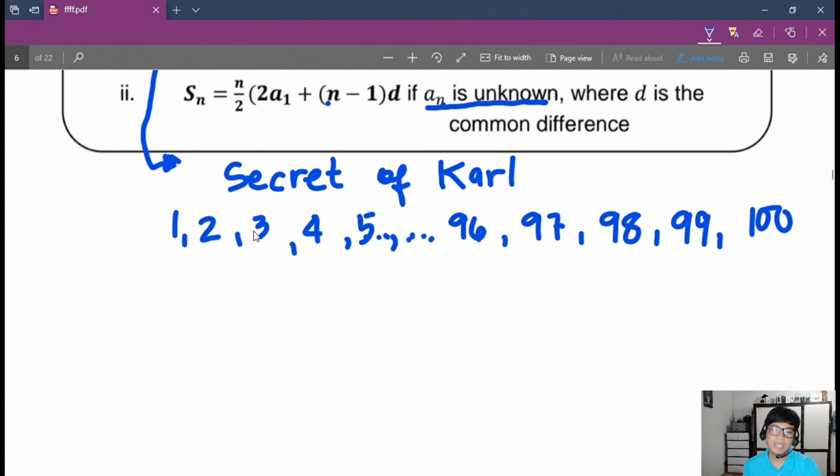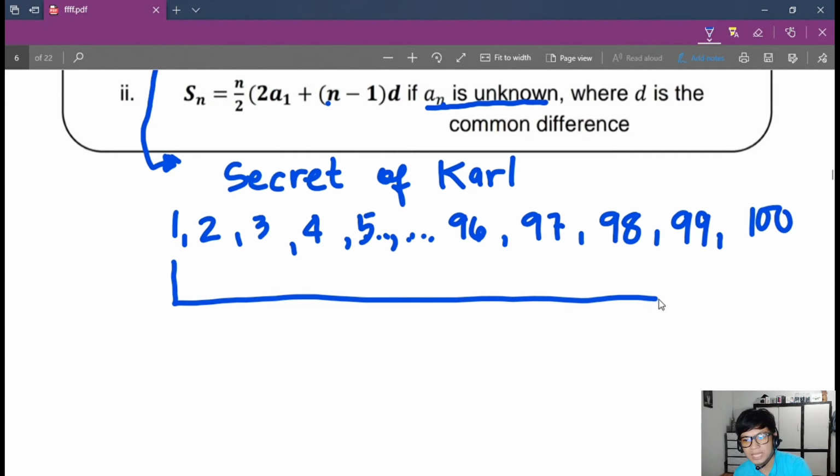Okay, ito yung explanation ni Carl. Na-discover ni Carl na kapag yung first term, which is 1, i-partner niya doon sa last term, which is 100, ang sum ng dalawa is 101.